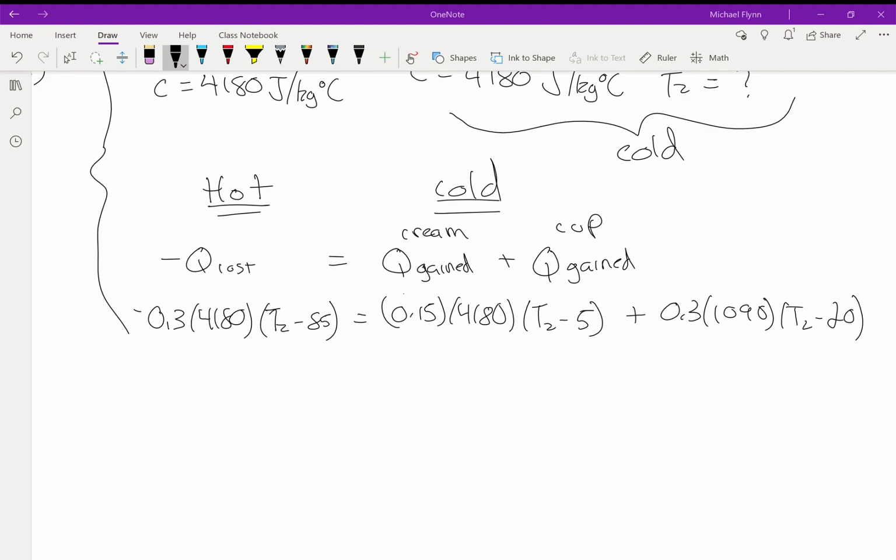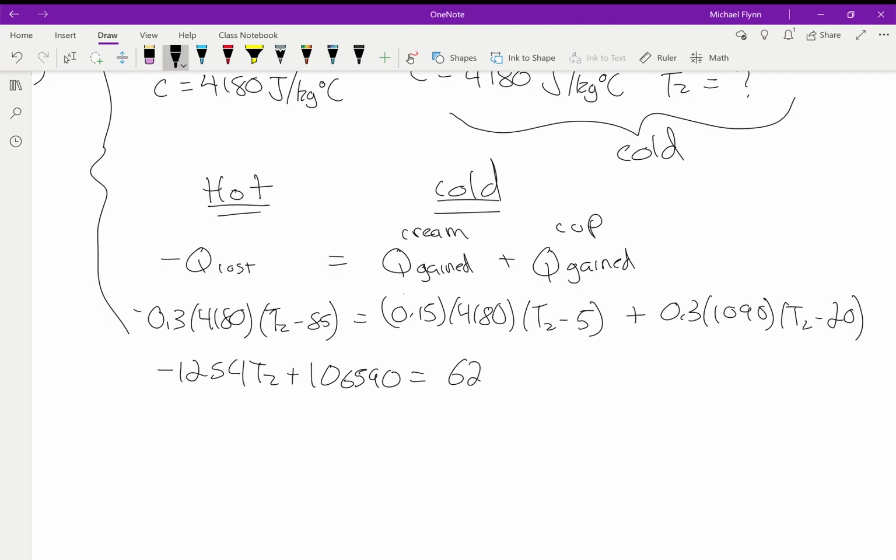0.3 times 4180 equals, so here I'm going to get negative 1254 T2 plus, because negative times negative 85, 106,590. So plus 106,590 equals 0.15 times 4180 equals 627.